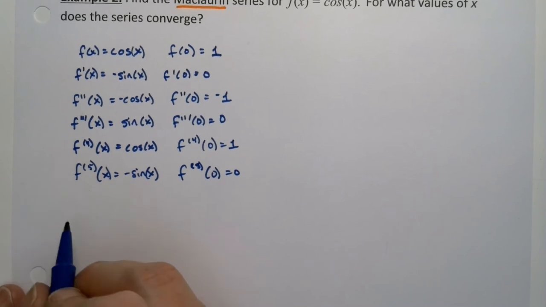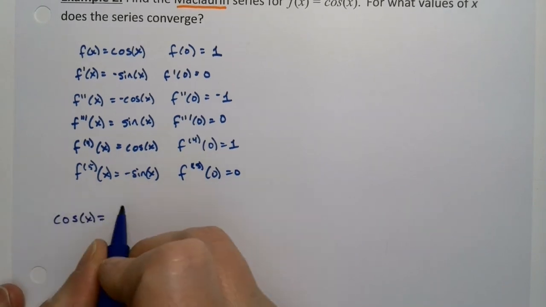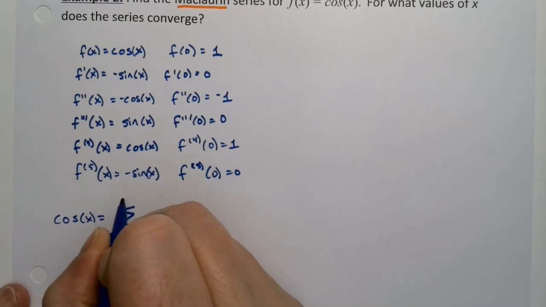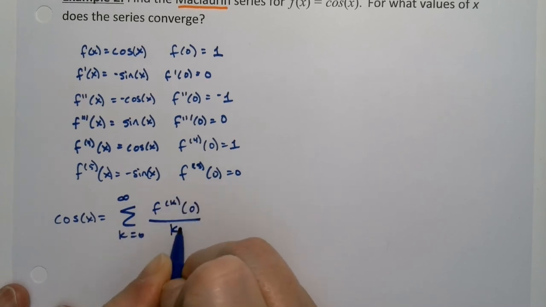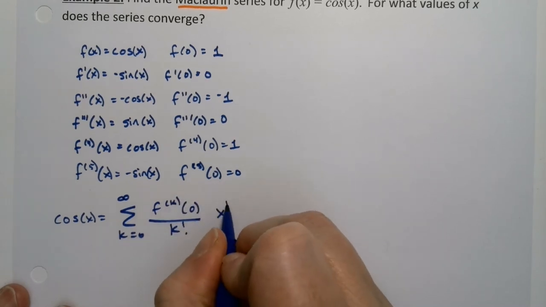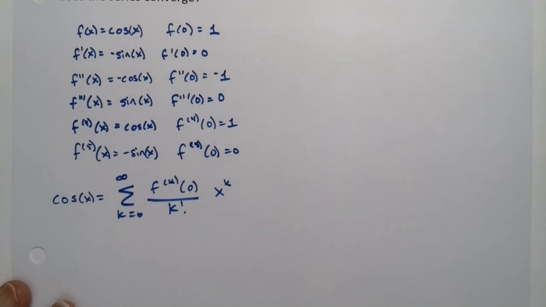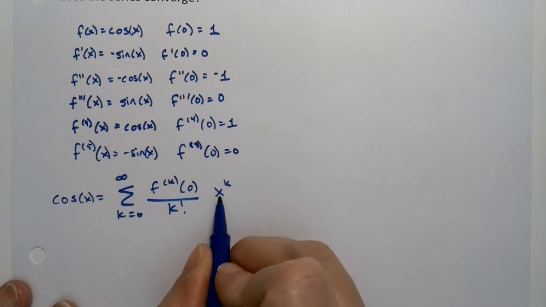So if I think about writing my cosine of x is equal to the sum from k equals 0 to infinity of the kth derivative at 0 over k factorial times x to the k, right? That's the power series general formula for a Taylor series, or actually this is a Maclaurin series because it's at 0 and it's just x.